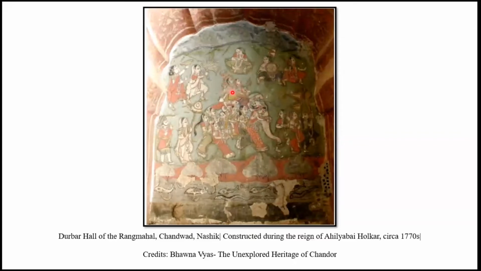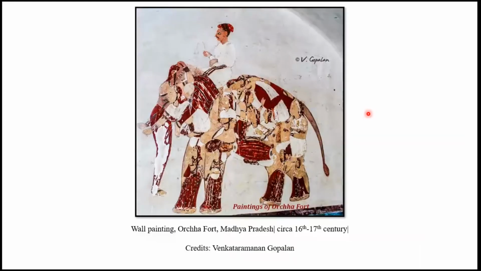And you can see Lord Krishna is seated atop the elephant. This is a wall painting from Orchha Fort, Madhya Pradesh. The center lady is playing the mridang. We also have a rider.